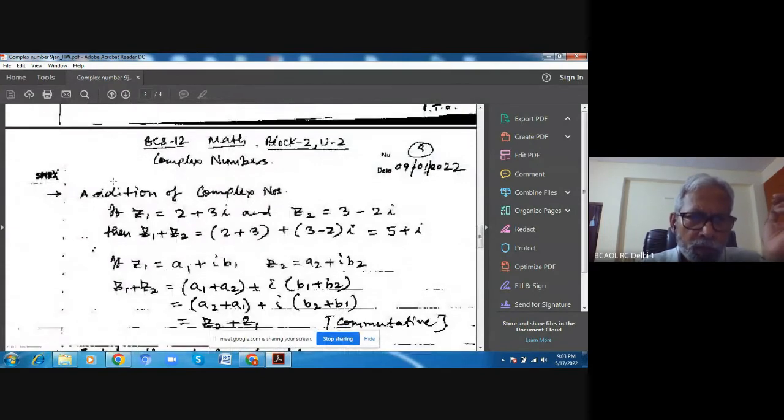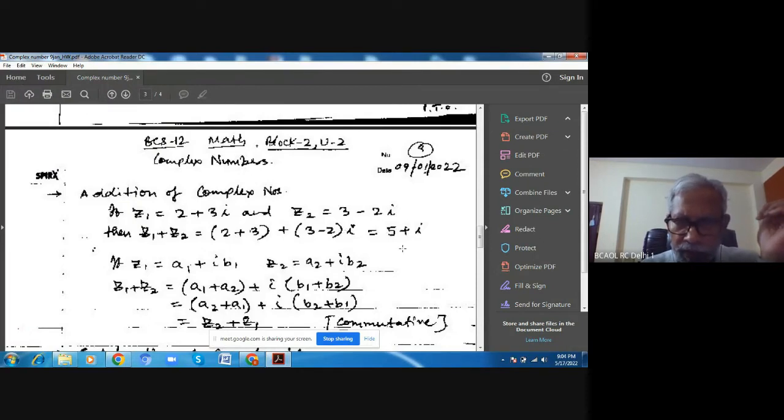Yes. So addition. There are two complex numbers, Z1 and Z2, and you have to find the addition Z1 plus Z2. Here you see 2 and 3, 2 plus 3, you can take it out, plus the imaginary part you can put in another part.